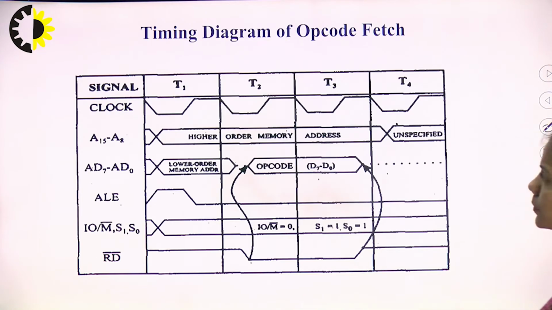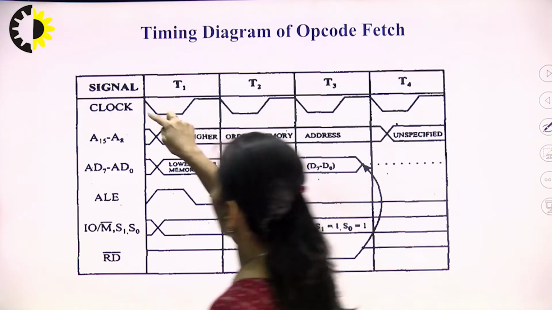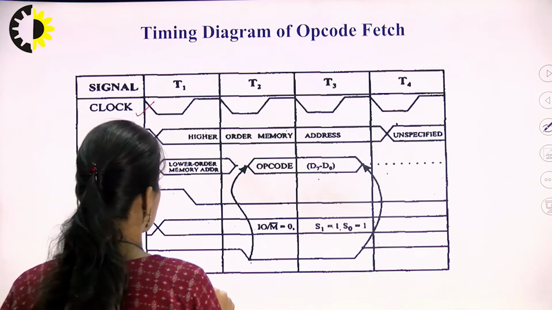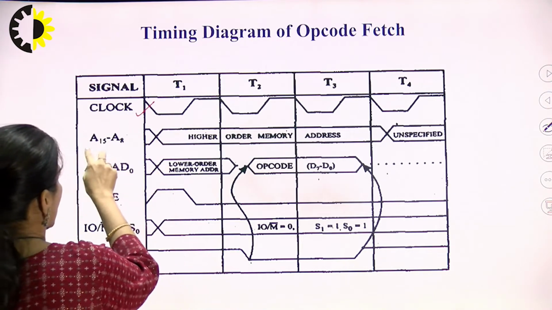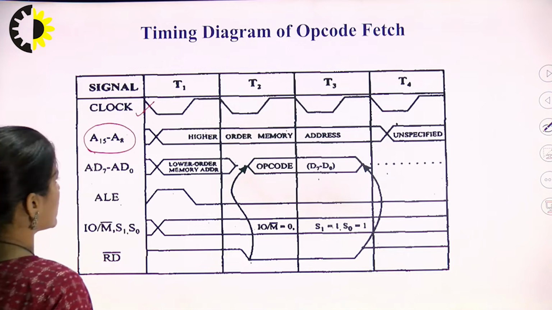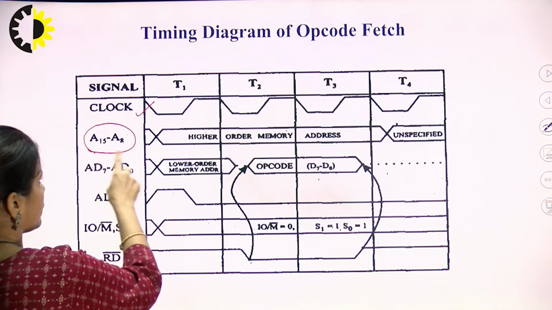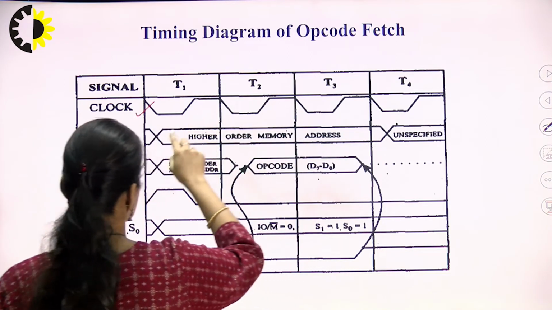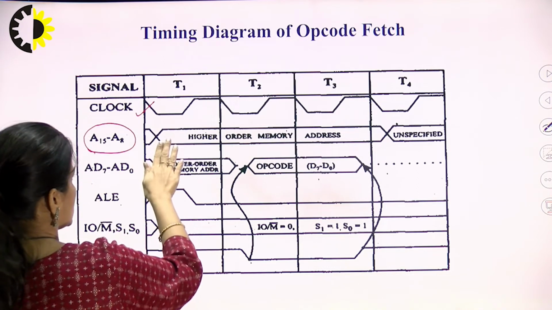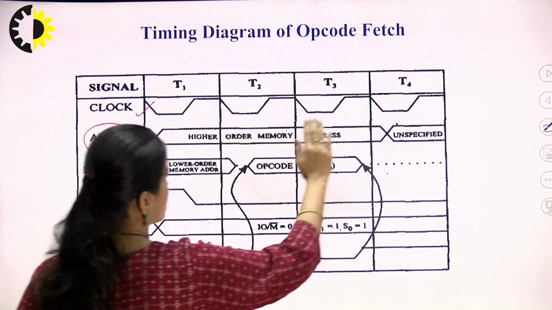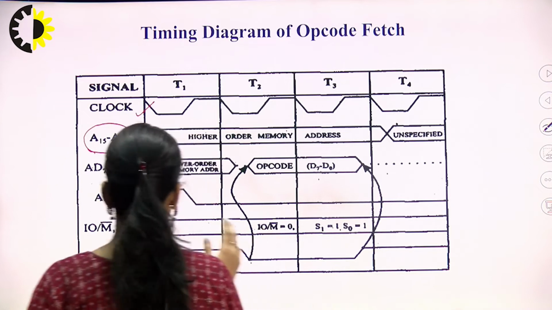Now, how it is represented, let us see. This is the clock representation of the T states. The higher order address bus, that is A8 to A15, is represented by this. It is latched in the first T state itself and stays latched till the last T state.